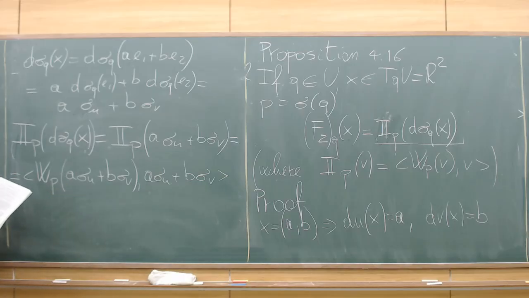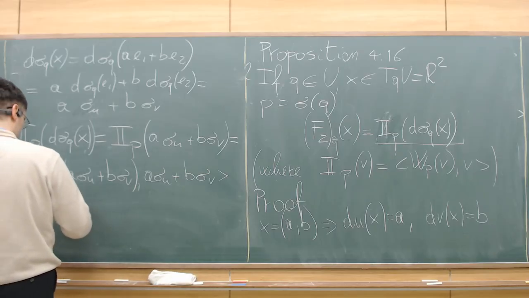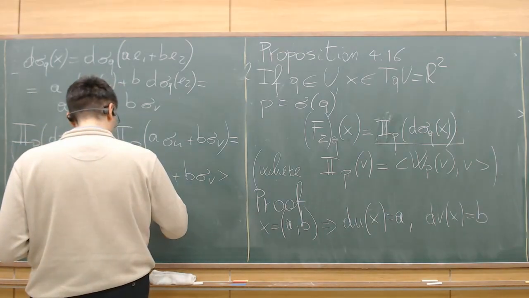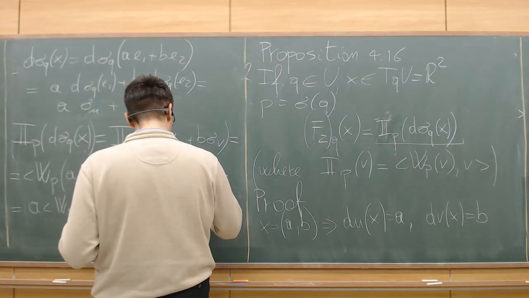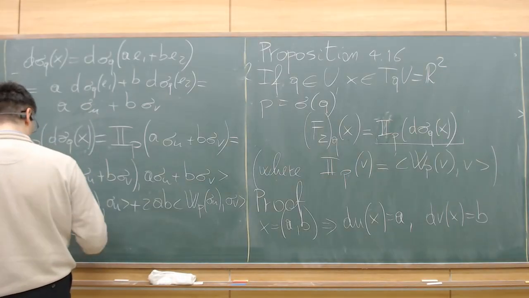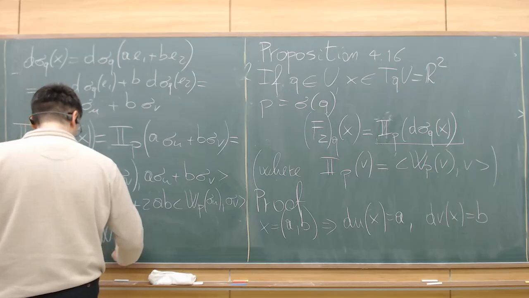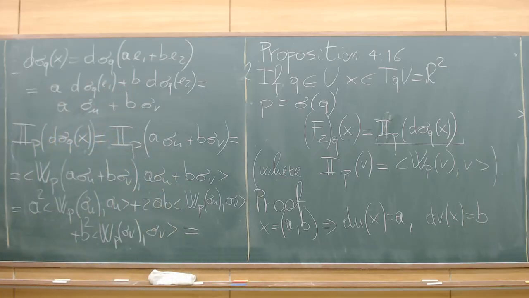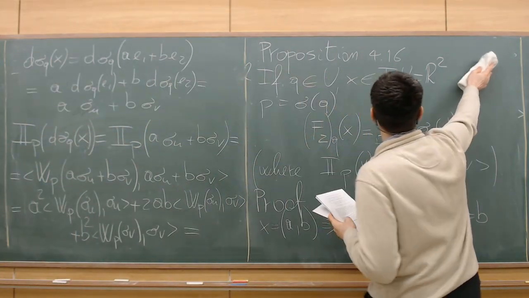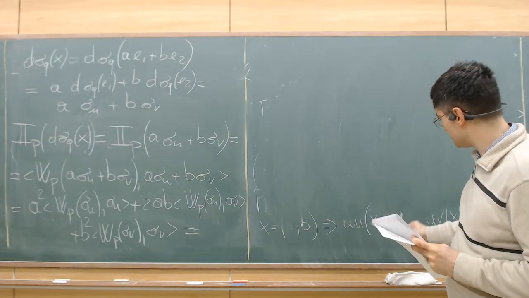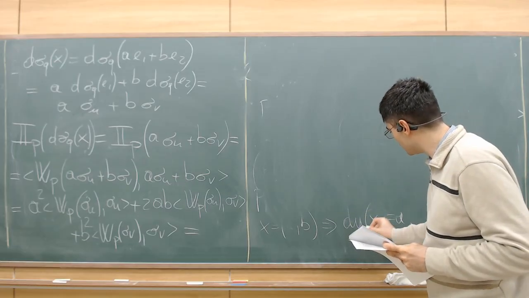And now I use the bilinearity of the inner product and the linearity of WP, and I get A. Now I use the formula for the... maybe it's a good idea to keep these identities on the blackboard for a moment.